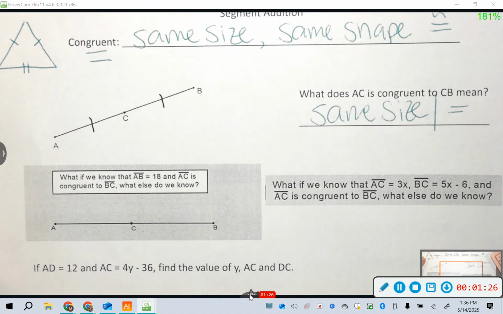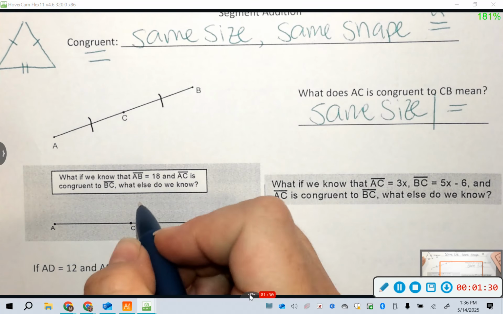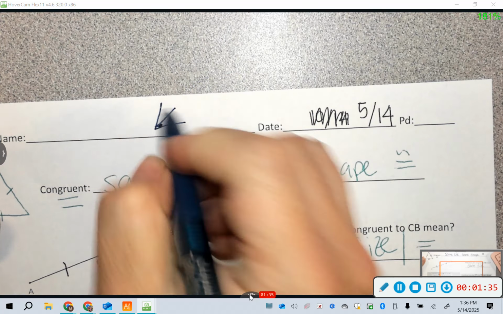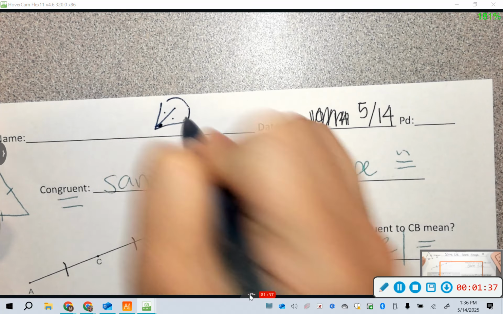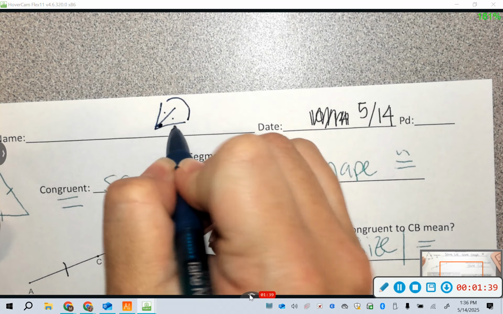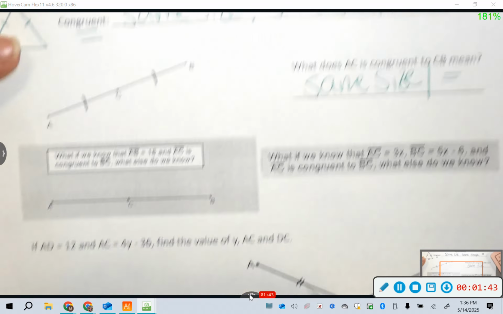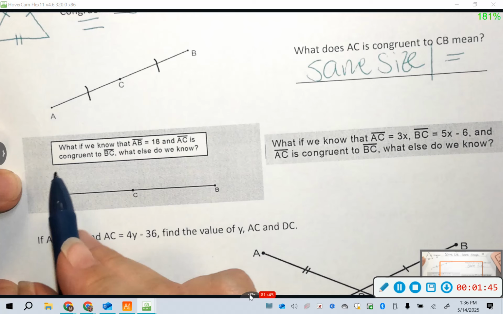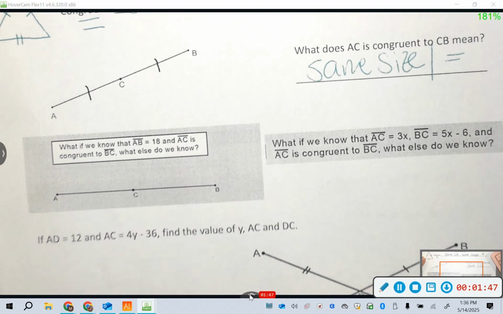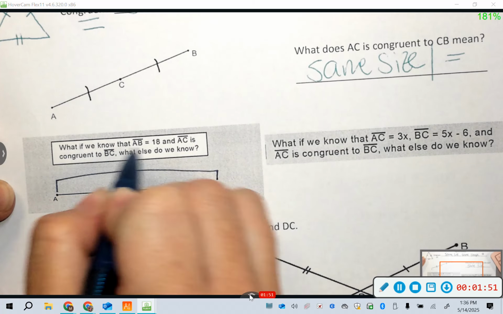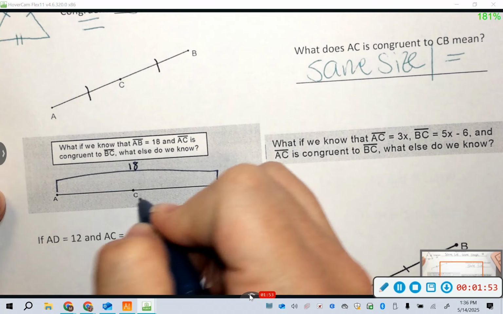Okay, so it says, what if we know AB, so just like yesterday, y'all, remember when I told y'all, if you have two angles, this is the whole, so you had to set them up, right? Something plus something equaled the total. Same concept. Line segment plus line segment equals the total. So you do have to label. So from A to B, because it says, what if we know AB is 18?